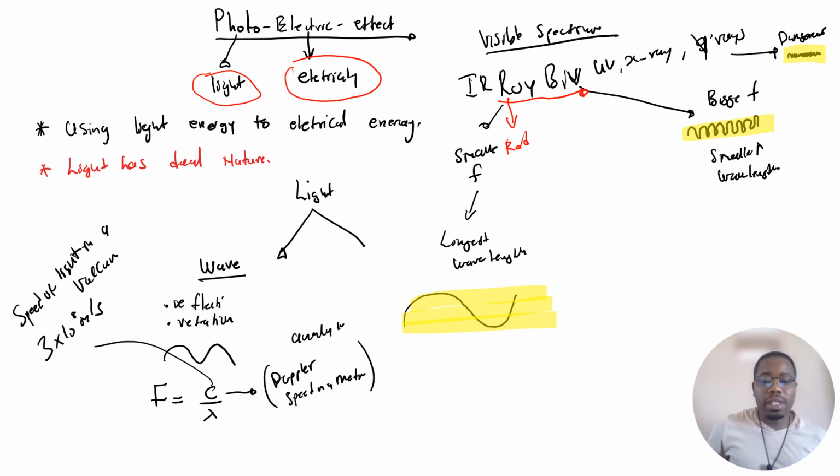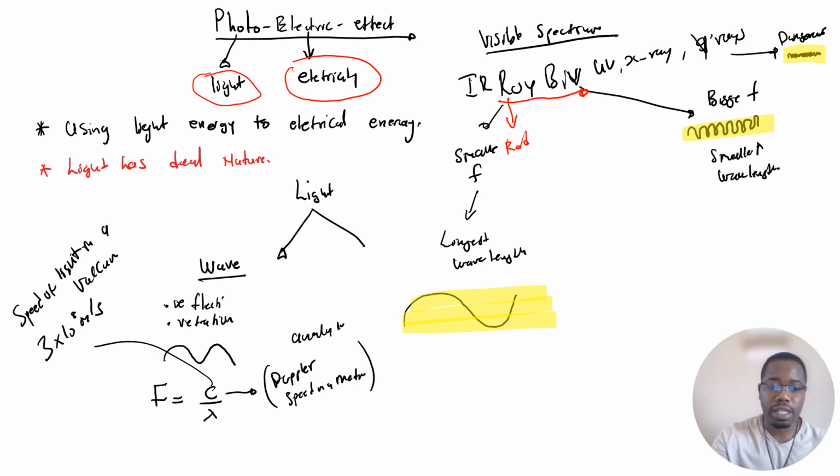So frequency is inversely proportional to wavelength. If you remember, the frequency is equal to the speed of the wave divided by the wavelength of that wave.